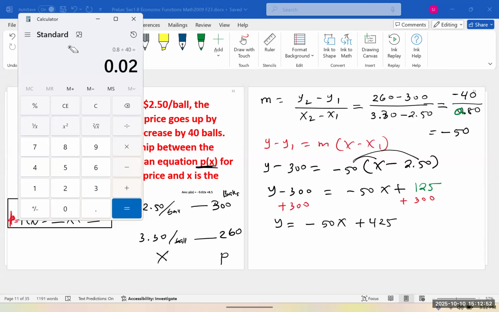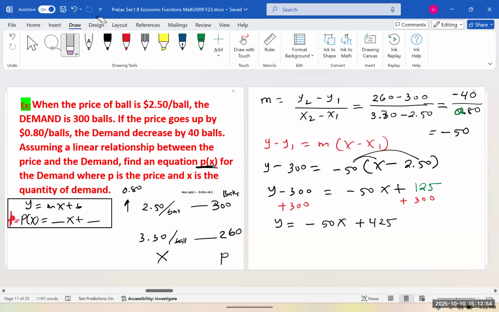But why is that? X is the quantity in demand. So X is the independent variable. It should go in the denominator. And P of X is the demand. It's the dependent variable here.